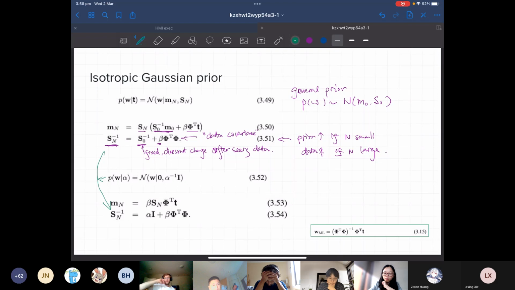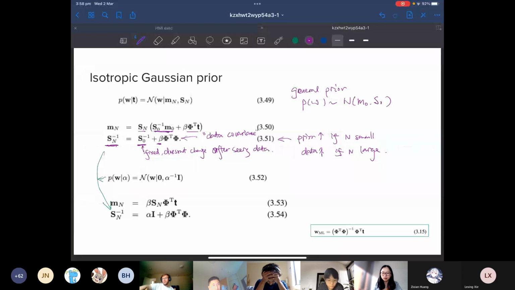So now, the posterior covariance matrix is beta times phi transpose phi. It's still a trade-off between the identity matrix and the covariance of the data, which is somewhat intuitive.